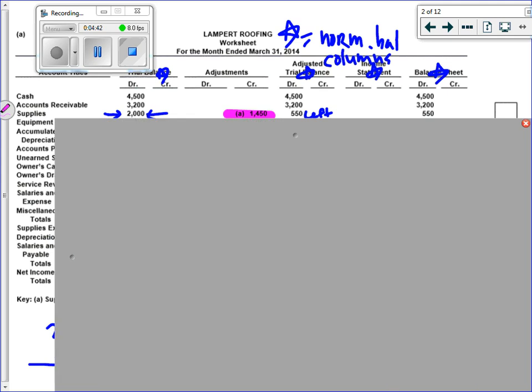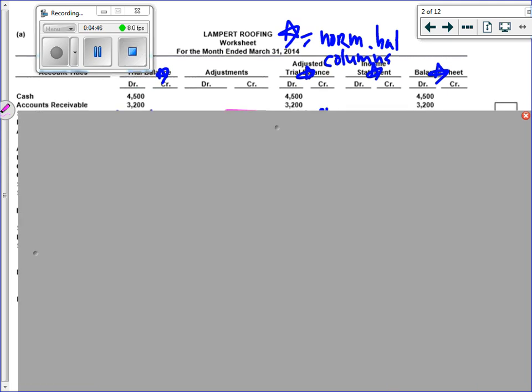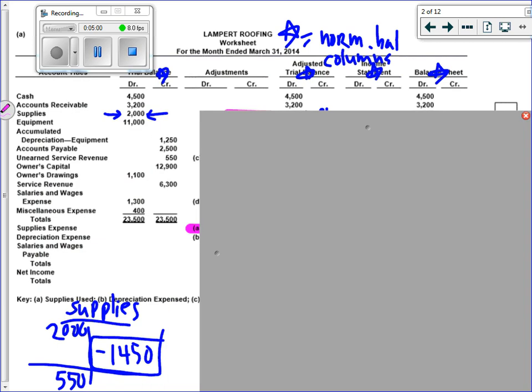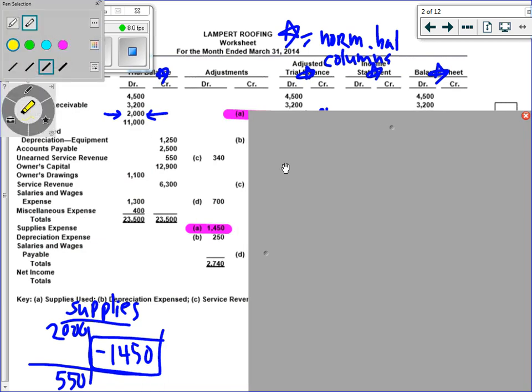All right, let me cover up and let's go back in again. What is our next adjusting entry? Depreciation for March is $250. Is that what was left, or was that what happened? That's what happened. So I would find depreciation expense down here. I'll switch highlighter colors.